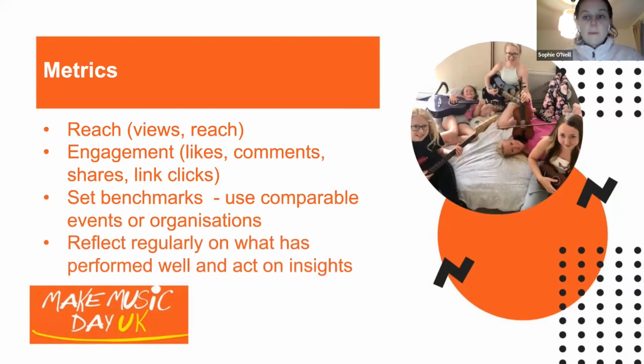A final thought around metrics, which is just to say that, as I mentioned earlier, there are metrics that we call volume metrics, which are things like reach and views. Sometimes you see these really huge numbers and it seems like, wow, it reached so many people, but that could mean they scrolled past it.